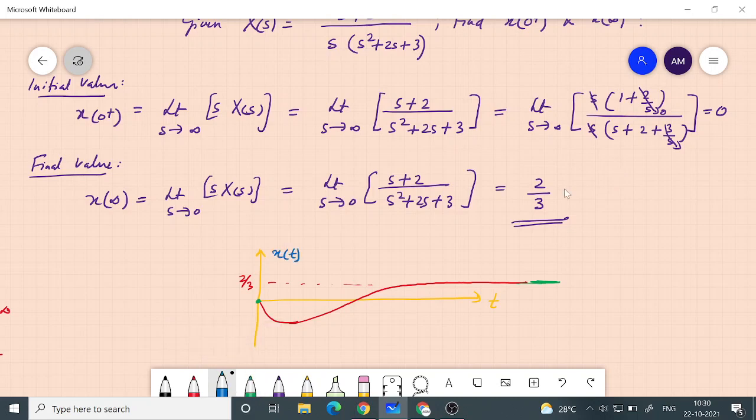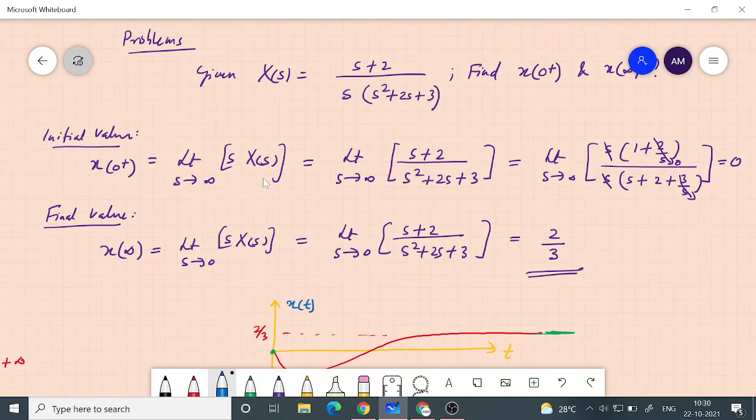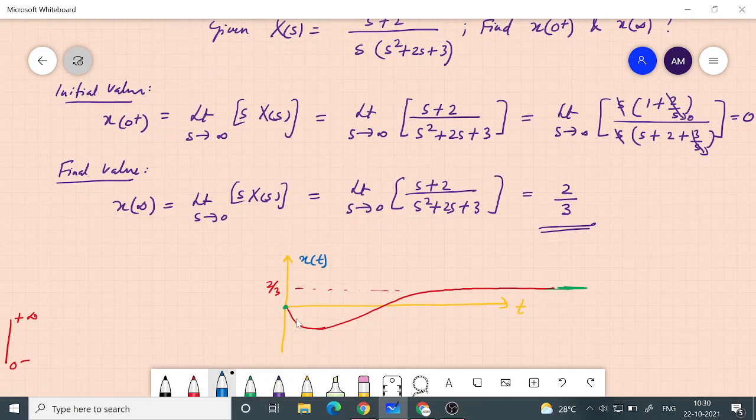That is the minimum information we are able to extract from the given X of s without finding the inverse. But I have no guarantee whether the function will look this way, or it could be more likely that it may go like this.